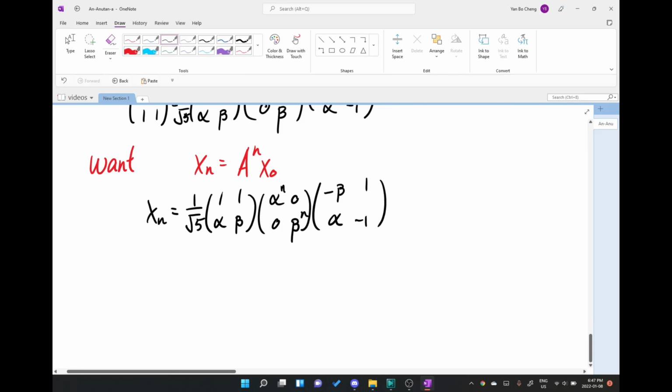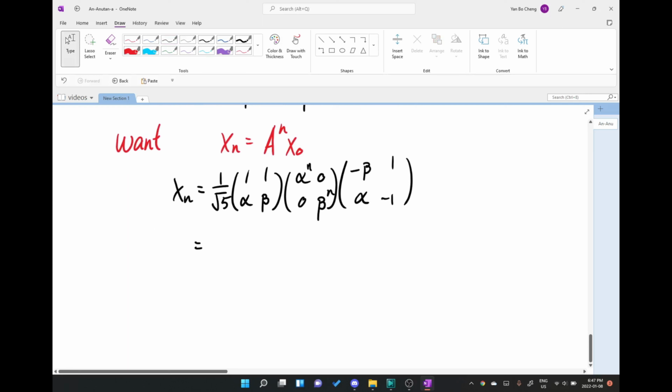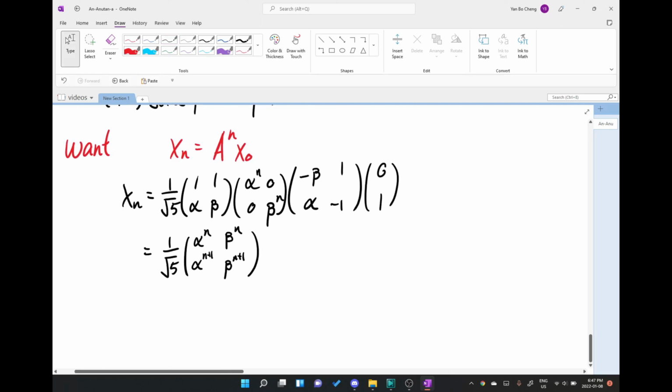And then we can just multiply, I guess. 1 over root 5. This is going to be alpha to the n, alpha^(n+1), beta^n, beta^(n+1). Oh, I forgot. This is going to be times x_0, which is the same thing as 0, 1, because that's how we define x_0. And times minus beta, alpha, 1, minus 1, 0, 1.